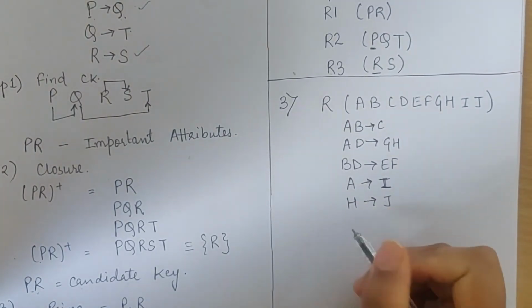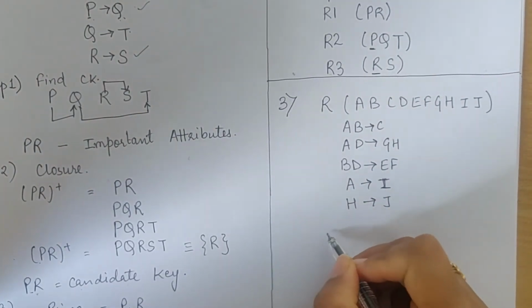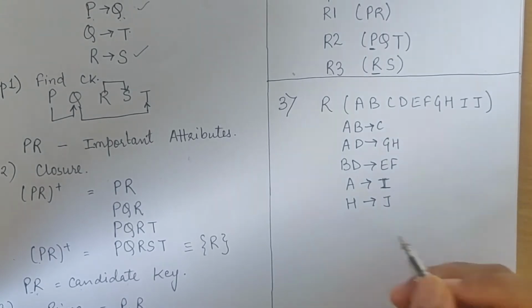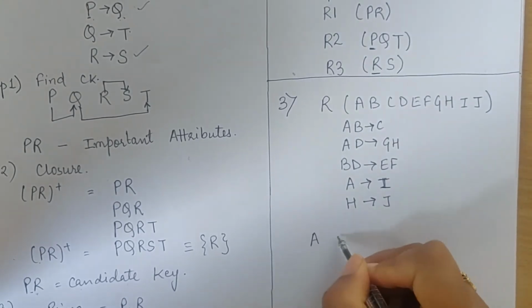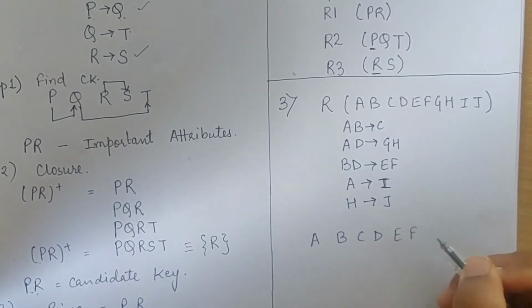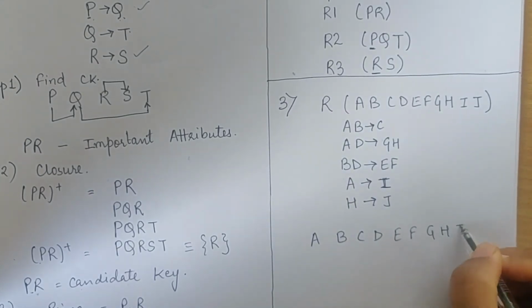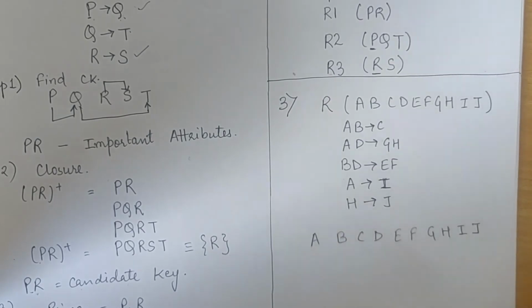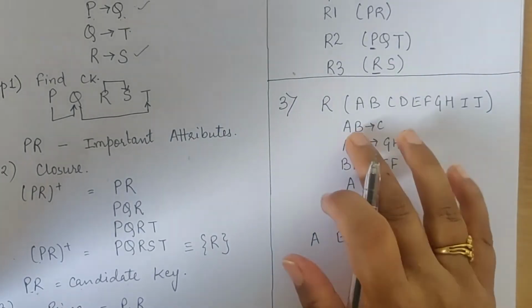So how to find out the candidate key? First we have to find the important attribute, or director of our show. So A, B, C, D, E, F, G, H, I and J. Let's see who is giving direction to whom.